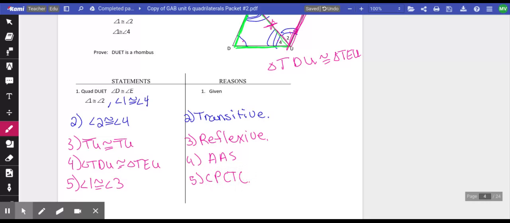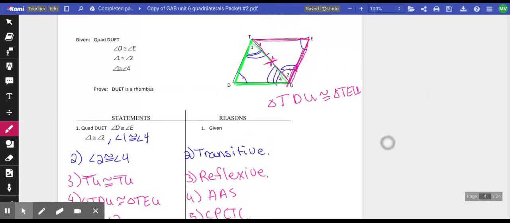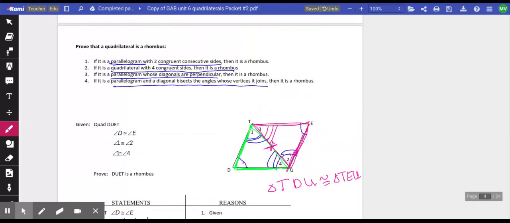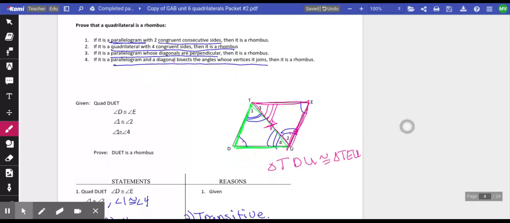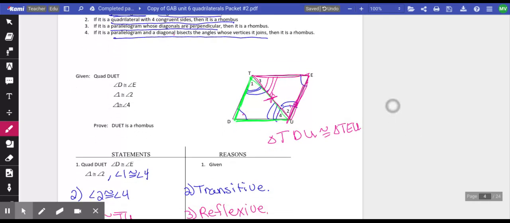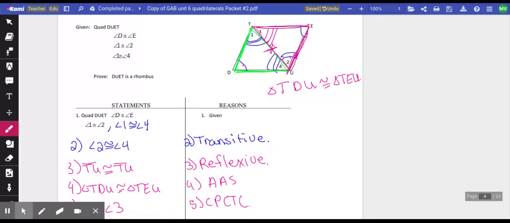Now, in order to say it's a rhombus, I need that the diagonal bisects both angles, which I have, but I need to know it's a parallelogram. So I need to say that this is a parallelogram before I can say it's a rhombus. So in order to say it's a parallelogram, I can get that a couple of ways.